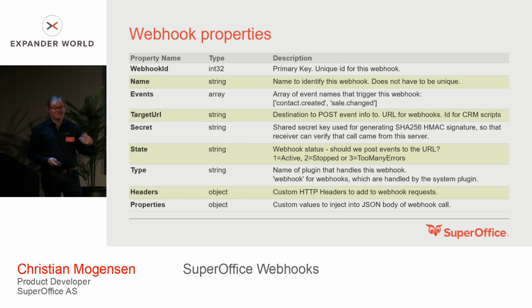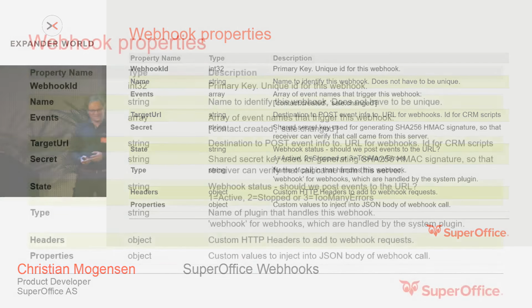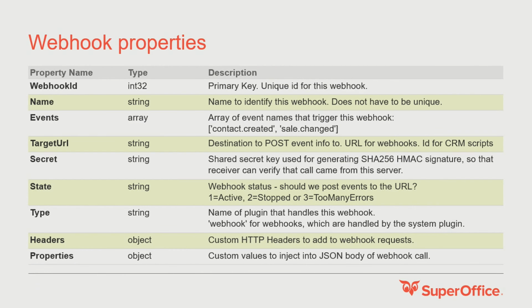Not just the URL, but there's a thing called a secret. As the recipient of the webhook, you would like to know that this came from SuperOffice. How can we prove to the webhook recipient that you're the one who asked us to call you? You can trust us. You're not some random guy trying to fake out your system by posting fake events.